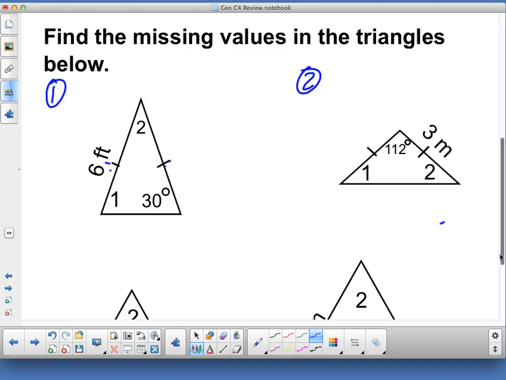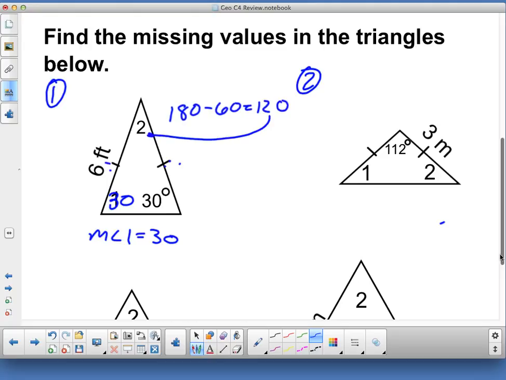Isosceles, measure of angle 1 is equal to 30. Triangle sum theorem, total interior angle value of a triangle is 180. I got two 30 degrees, that's 60. So 180 minus 60 is equal to 120. I know it doesn't look like it, but the measure of angle 2 here is equal to 120.